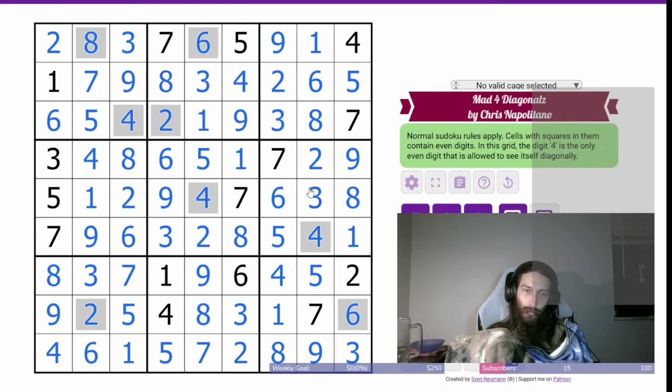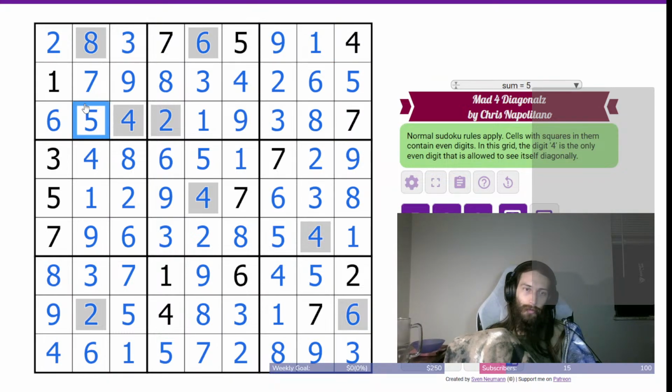The XY wing that I spotted, that took a 9 out of there, was really important as well. Because you had the 3, 5, and 9 triple. That took a 9 out of here because one of these two had to be a 9.